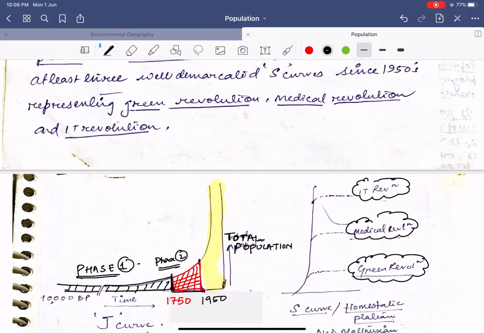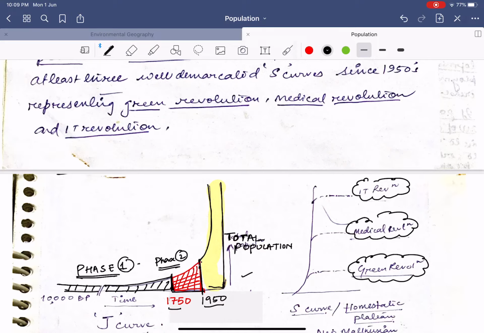And the second phase, from 1750 to 1950, we can call the second phase of the demographic transition. And after this period, from 1950, there is a continuous population rise, and this continuous population rise has been depicted over here.